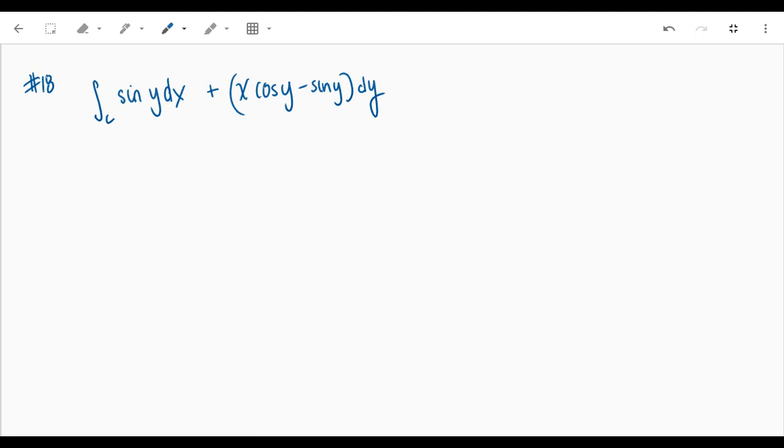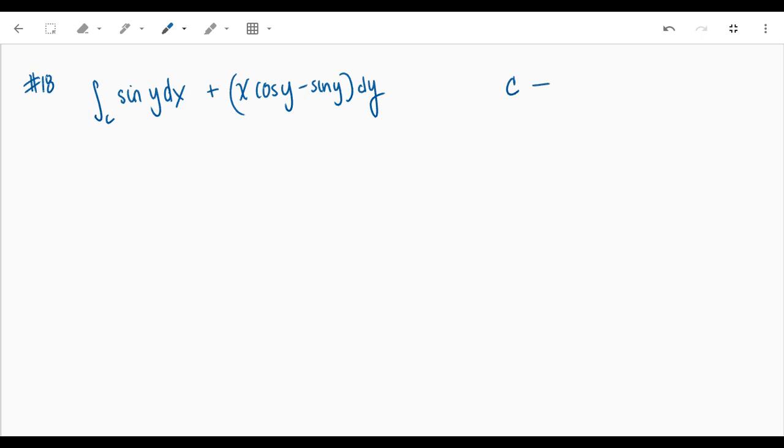And then it says C is any path from 2, 0 to 1, pi.